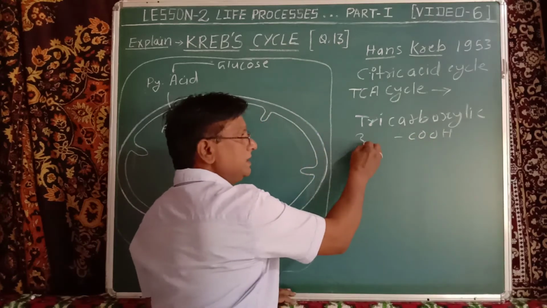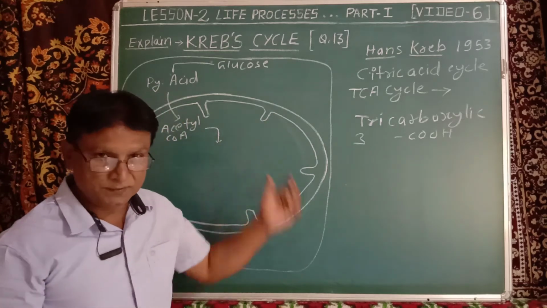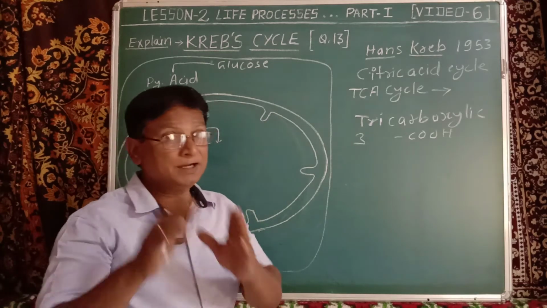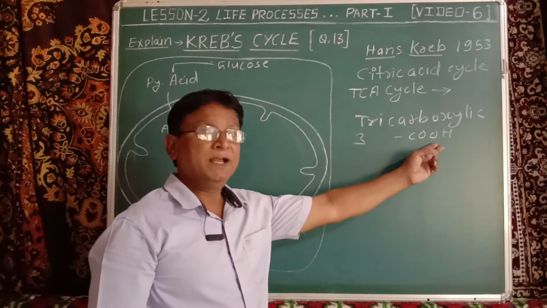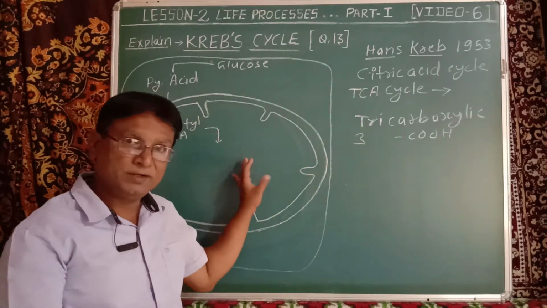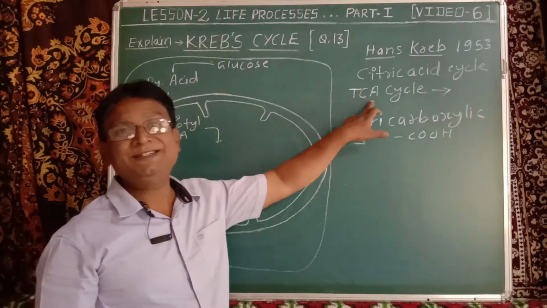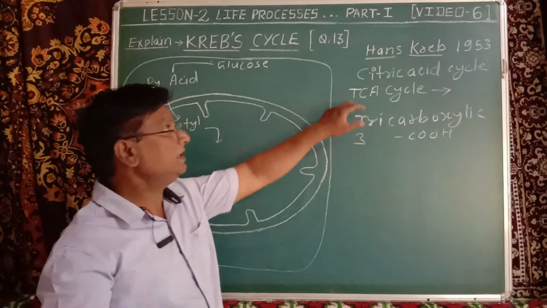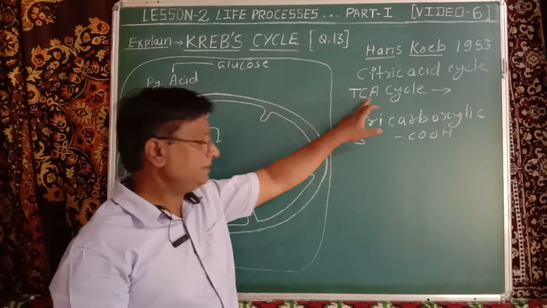Each compound formed during this reaction, most of them contain 3 COOH groups. Hence this cycle is also known as the tricarboxylic acid cycle, or TCA cycle. Hence 3 names are there: Krebs cycle, citric acid cycle, and TCA cycle.